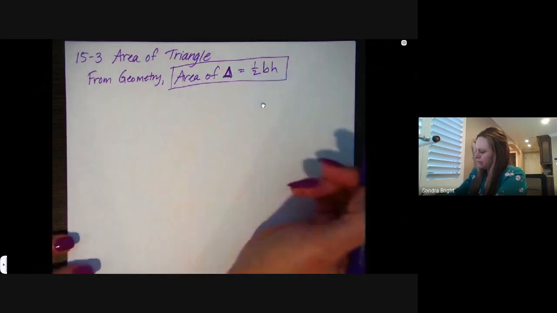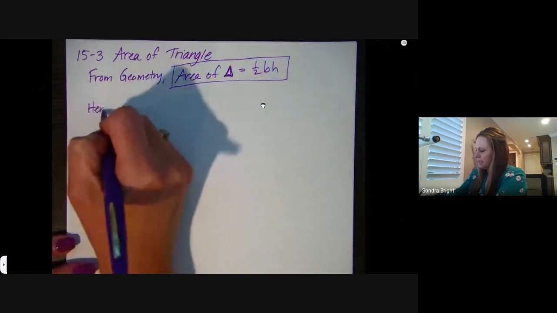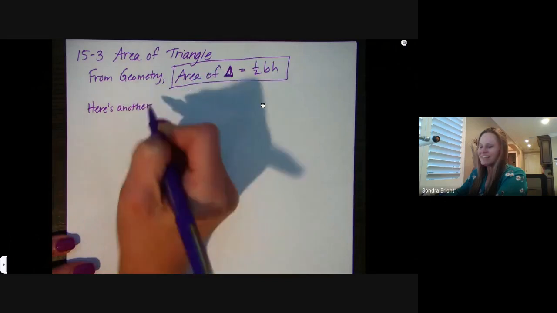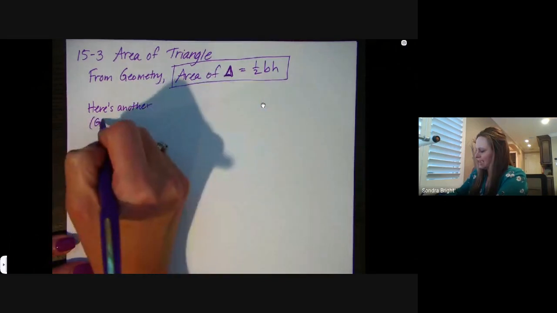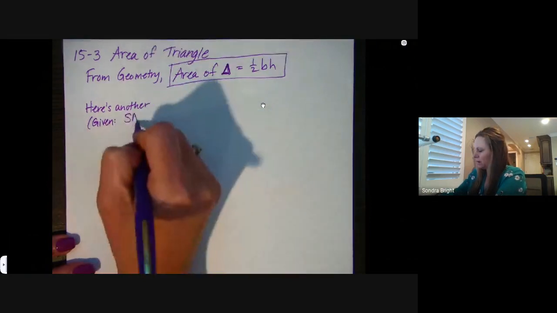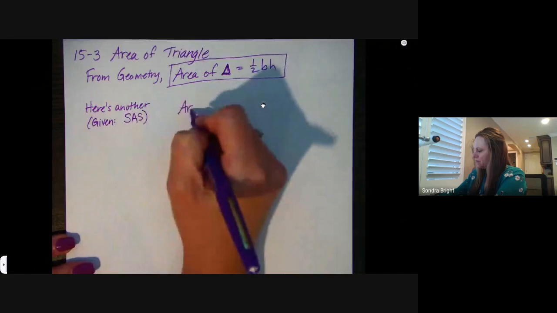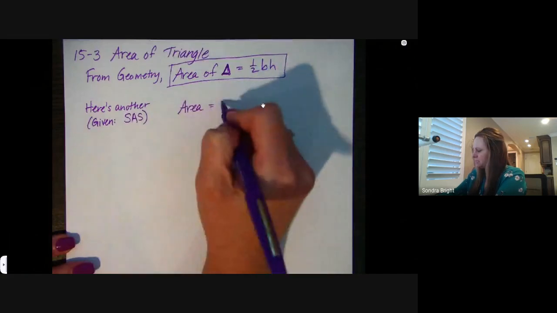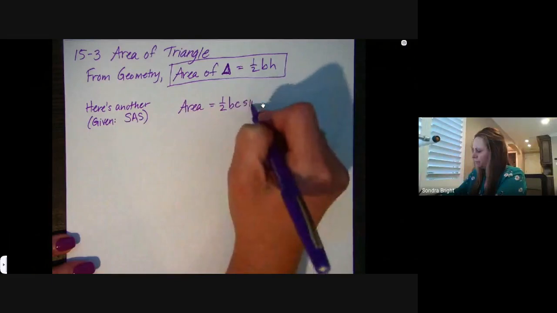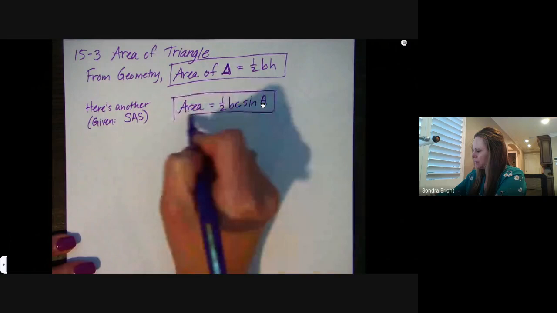Here's another one that you will need to memorize. And this is if you are given what I call a sassy triangle, side angle side. What about if you're given side angle side? Well, the area of the triangle will be 1/2 b times c times sine of angle A. Yes, you should memorize that.